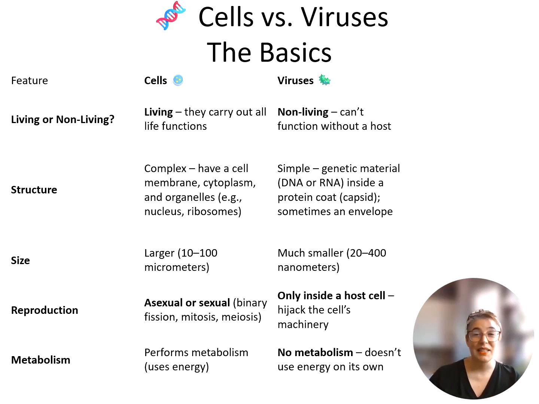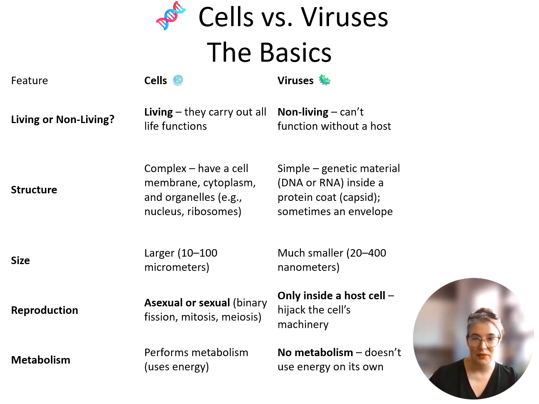All right, so let's talk about some cells versus viruses, just so that we are very clear that there is a difference between what makes a cell and what makes a virus. So cells, these are living. They carry out life functions. They're reproducing, they have a metabolism.